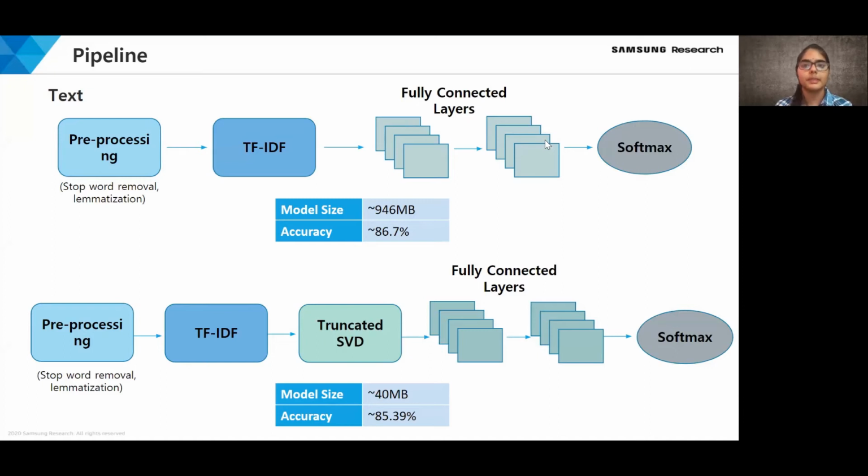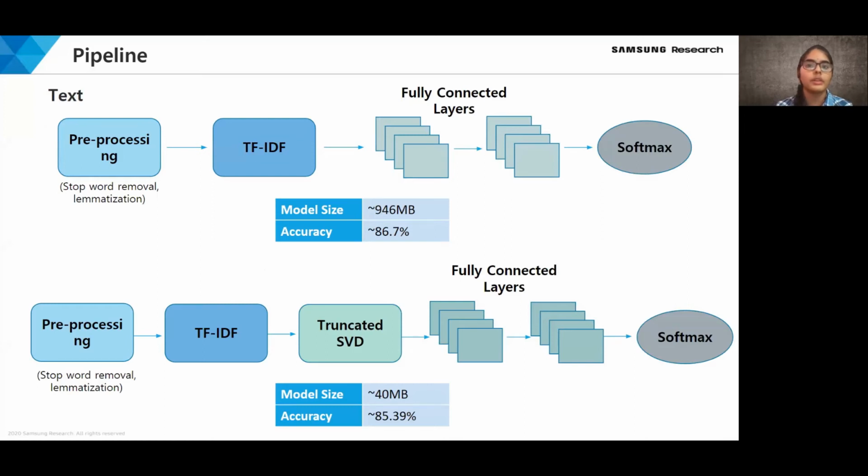For text modality, the pipeline is as shown. The input is the recipe from the Food 101 dataset, which is pre-processed using stopword removal and lemmatization using the NLTK Porter Stemmer algorithm. Since the processed data has a sequence length of 100,000 in some cases, CNN or RNN-based models are infeasible as the computation time is very high. Thus, we use TF-IDF feature vectors, on top of which we train two fully connected layers and a softmax layer.